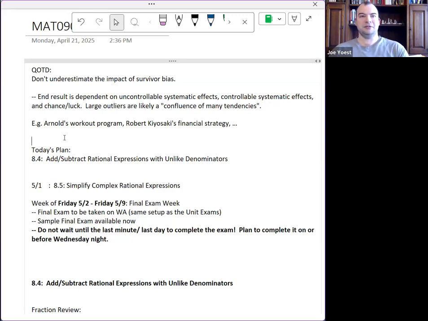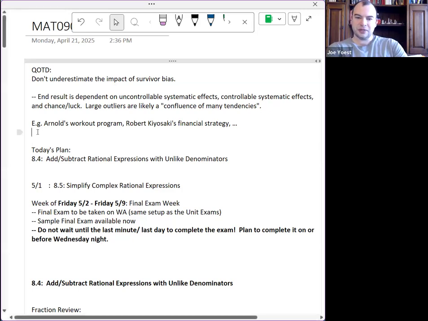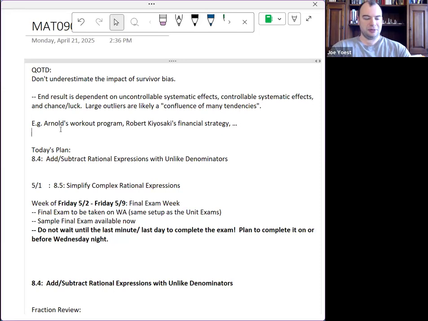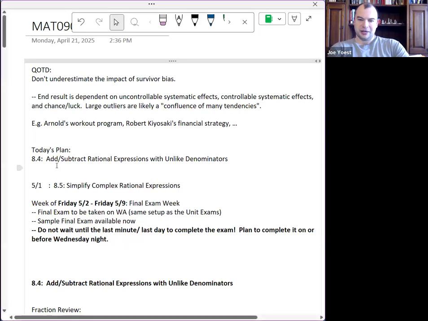Let me try to make my life better in the way that's going to work for me. So I guess a bit of a long discussion there, but I think survivor bias is an important idea coming out of probability and statistics. If you're interested in that down the road, Math 165 is a great course. And all right, that's about what I have to say about that.